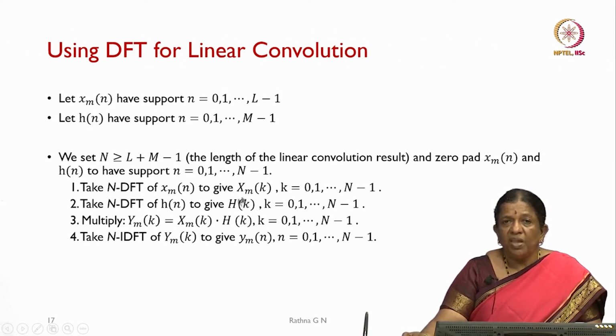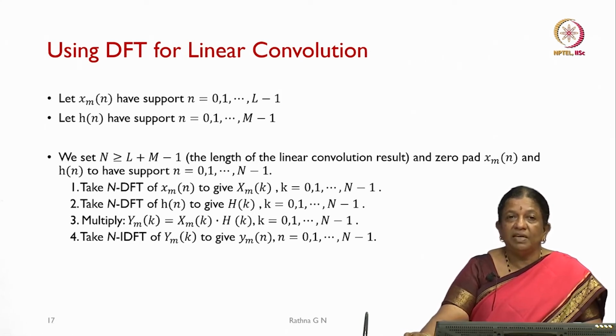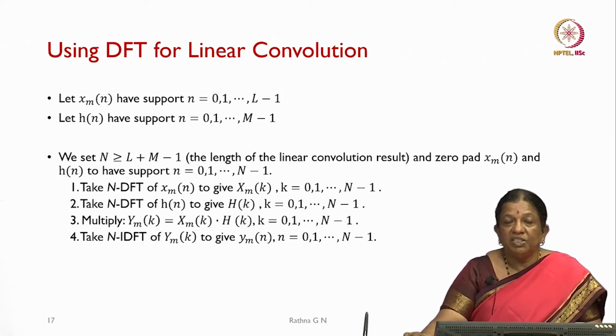You must be wondering why we have to do all these things, why not just use the summation. In the last class we saw the 512-point DFT computation cost versus the FFT computation cost.